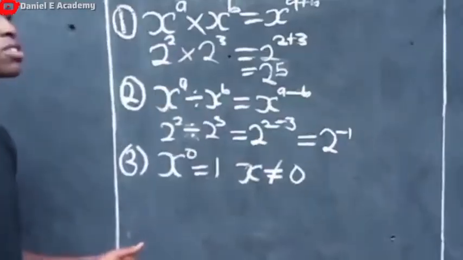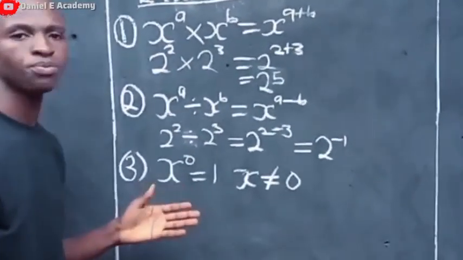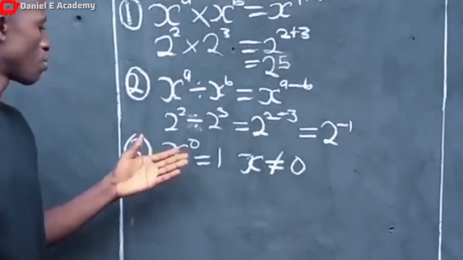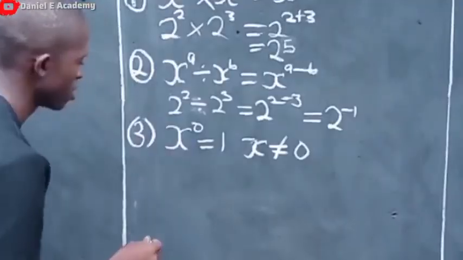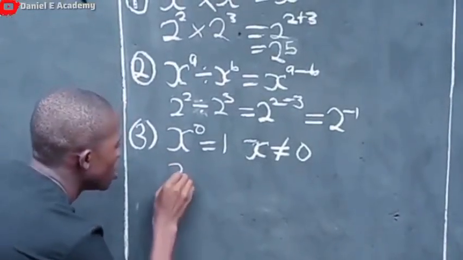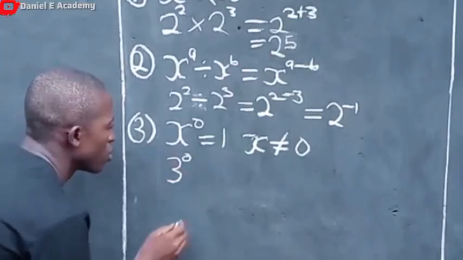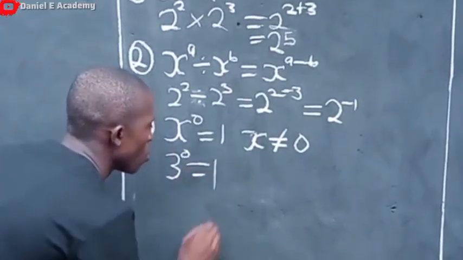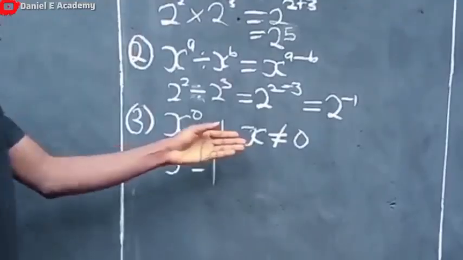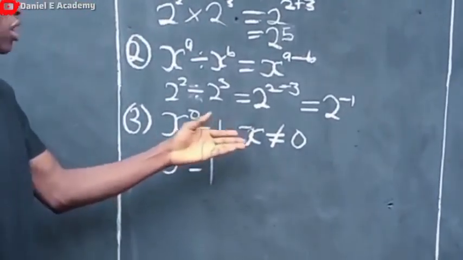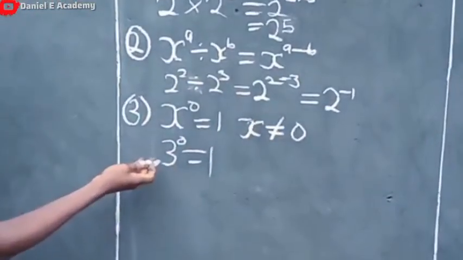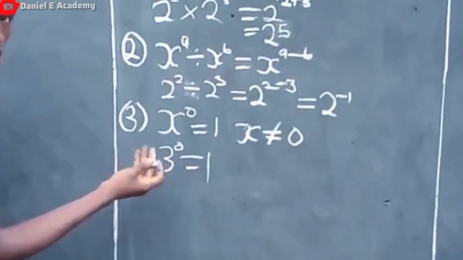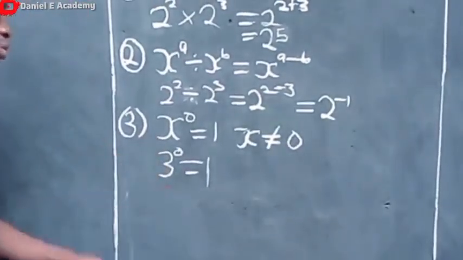This law simply means that whenever you have a number to the power of 0, it is equal to 1. Let's take an example like 3 to the power of 0, which will equal 1. It is only applicable when x is not equal to 0. As you can see here, 3 is not 0. That's why it's equal to 1.